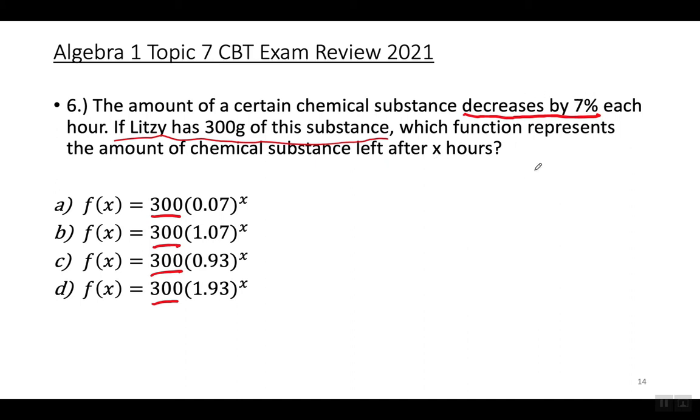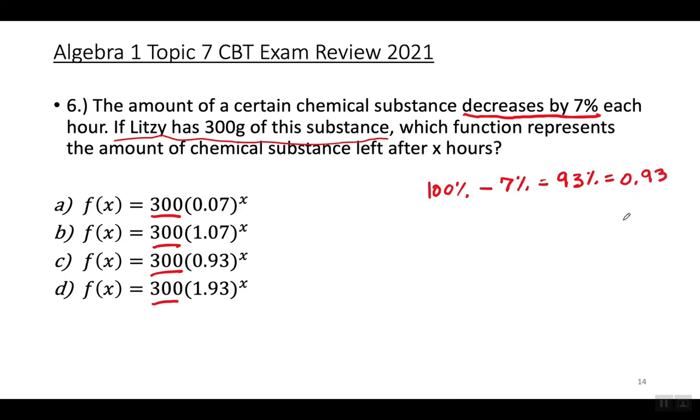All right, so 7%. There's two ways to think about this. One way is 100% minus 7% is going to equal 93%. But you have to change the 93% to a decimal by moving the decimal point 2 times to the left, so it's 0.93.